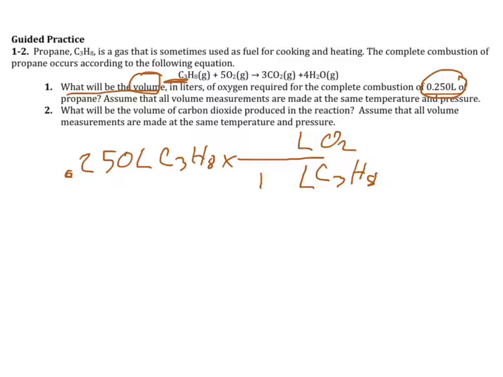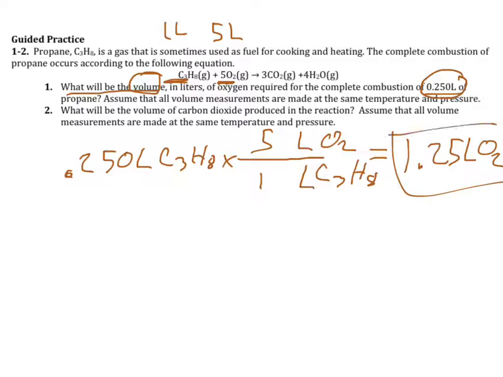It's 1. And what's the coefficient for the oxygen gas? It is 5. And essentially what this is saying is that 1 liter of this will react with 5 liters of oxygen gas. And so notice how we will need 5 times as many liters of oxygen gas. And when you type this in your calculator, you end up getting 1.25 liters of oxygen gas, and this is your answer.